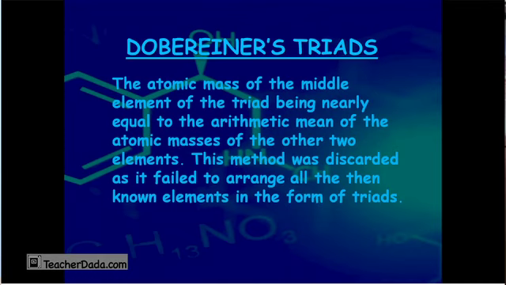But more examples were not found for the triads. Therefore, this theory was not accepted and it failed to arrange all the then known elements in the form of triads.